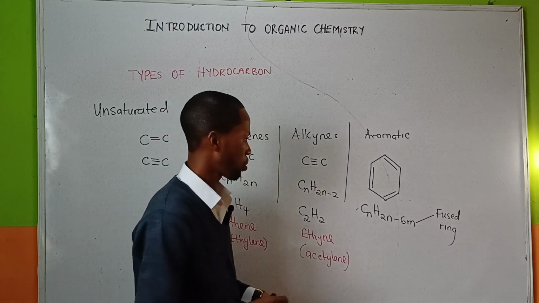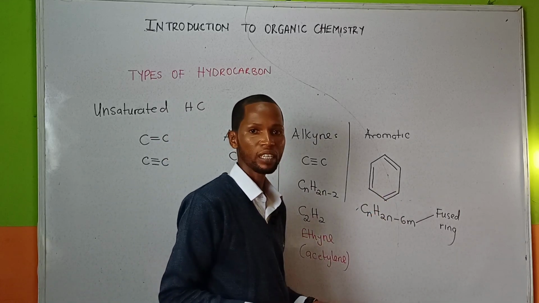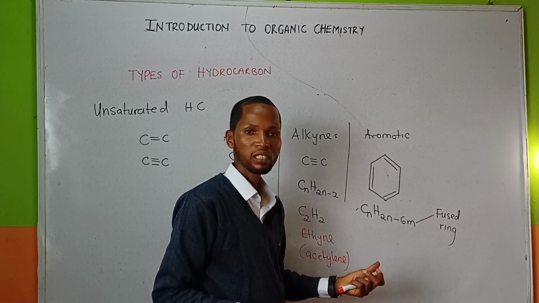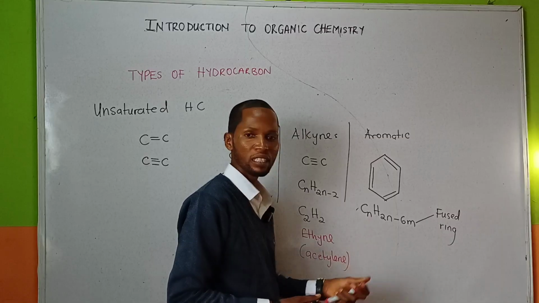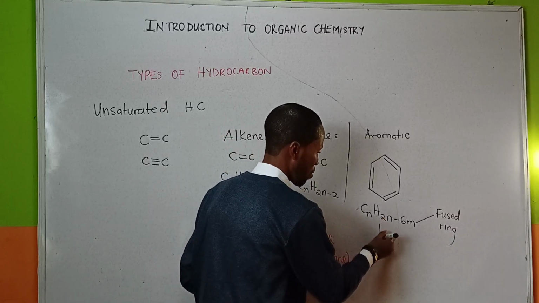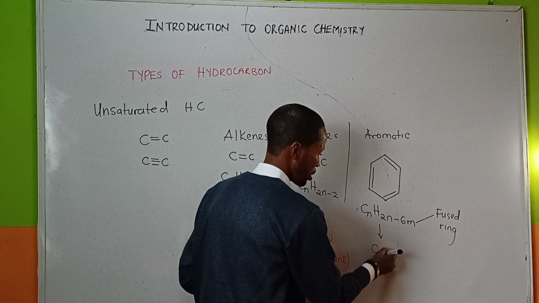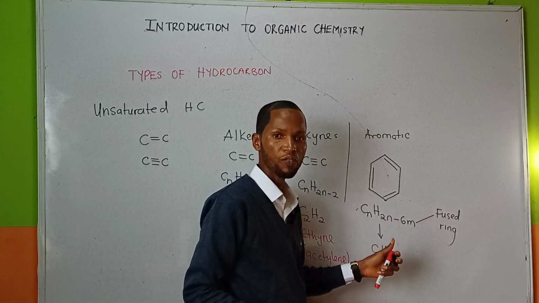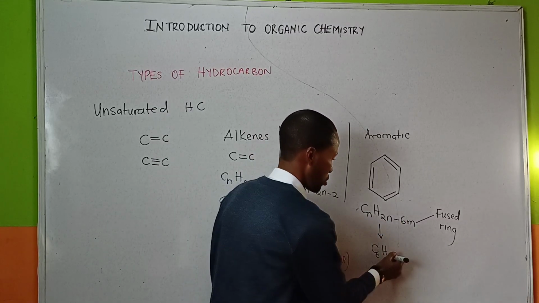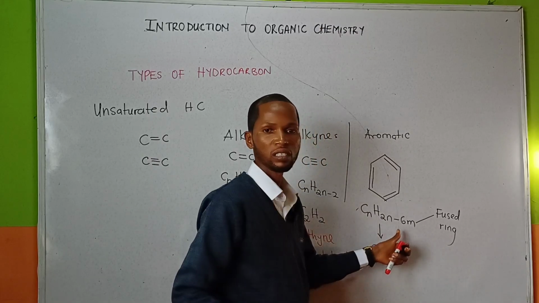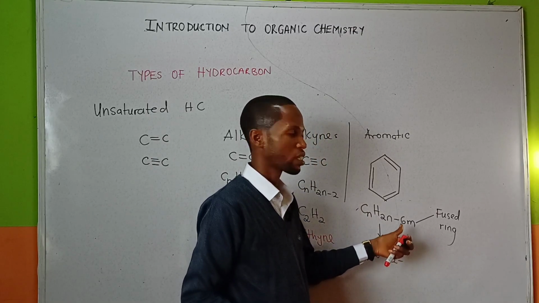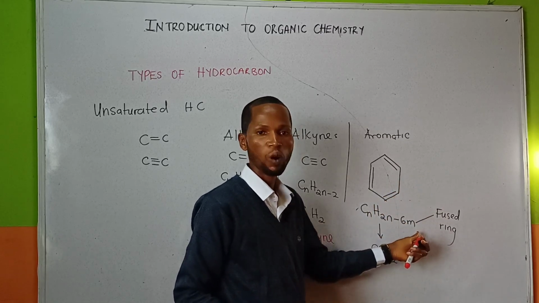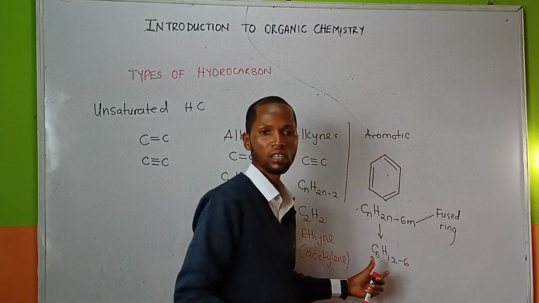So the benzene ring has what number of carbons? That's right, 6. So we have benzene, C6H, 2 times 6, that's 12. 12 minus the number of fused rings: we have just one ring here, so 6 times 1, that is 6.